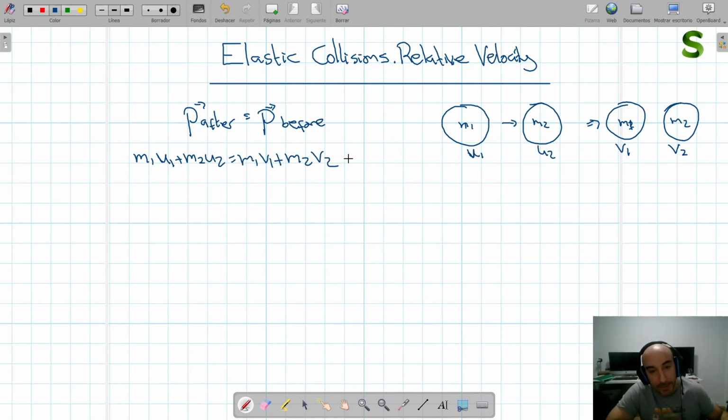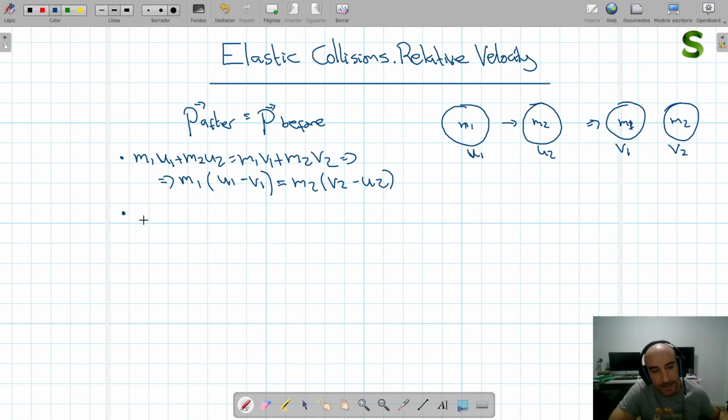So from this equation, we can obtain, and we'll see why we're going to need it, that m1 (u1 minus v1) equals m2 (v2 minus u2), where I've moved the m1 v1 to the left and I've factorized the m1, and I've moved the m2 u2 to the right and I've factorized the m2. We'll see why we need it later.